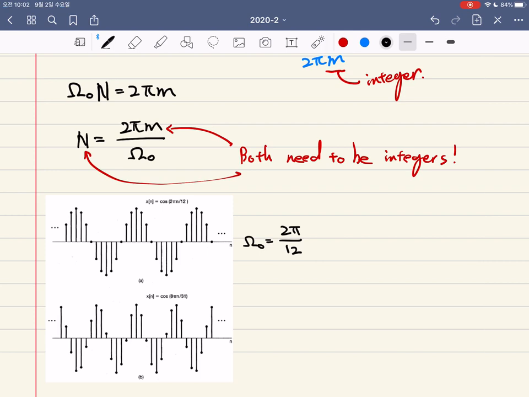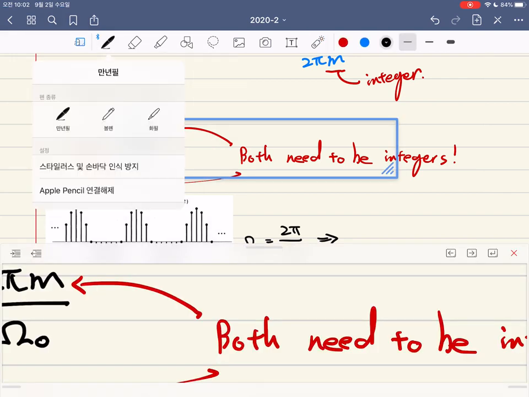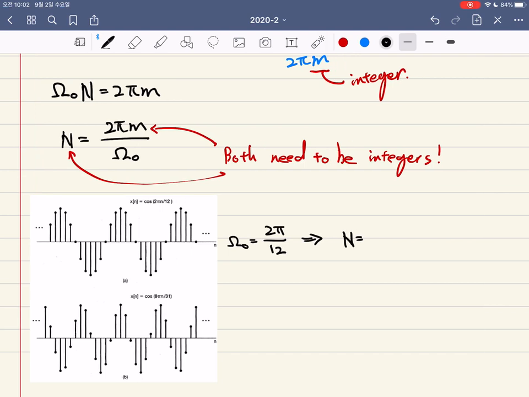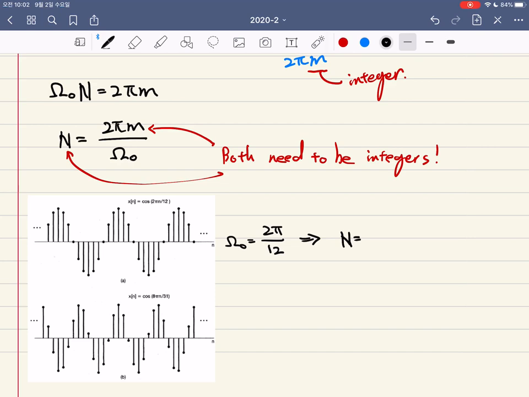Therefore, if we substitute this into this equation, then large N, a candidate for a period, will become 2 pi times m over, and if we substitute large omega 0 as this value, you get 2 pi over 12 in the denominator.